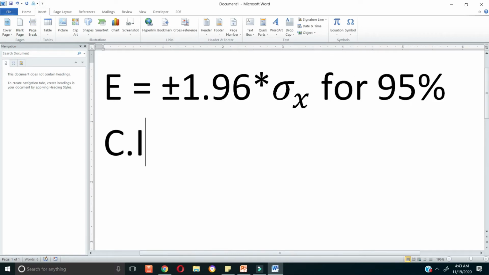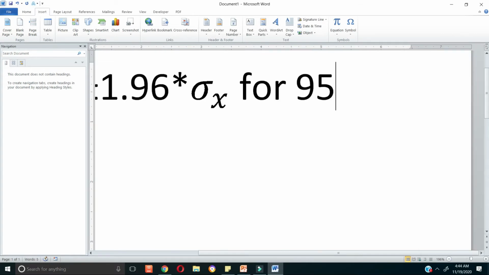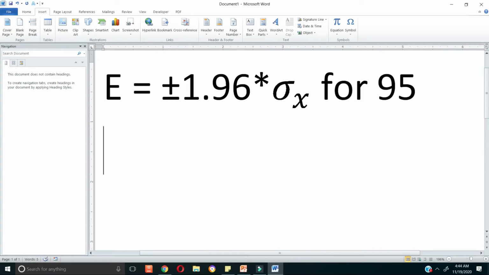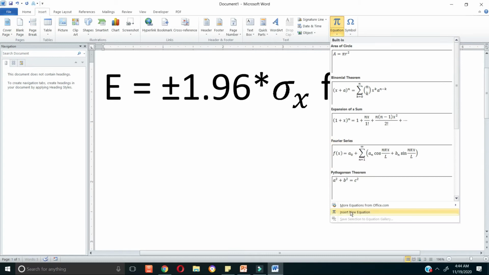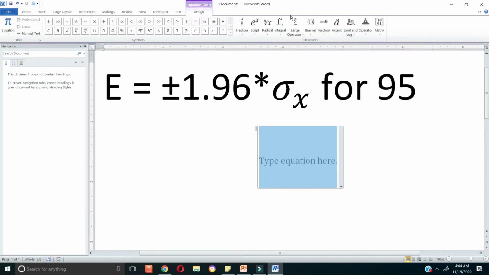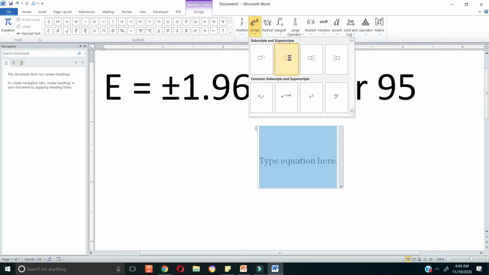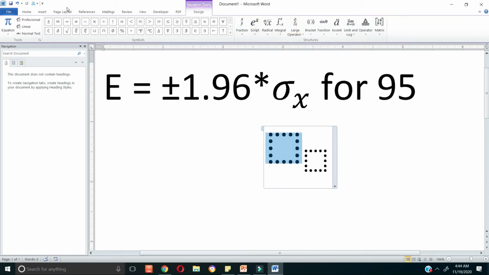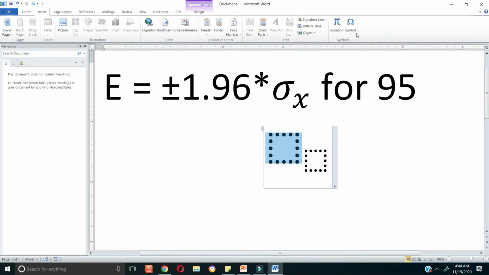For 95% confidence interval, this is basically the error. So anyway, what does this really mean? Remember the equation for the sampling standard deviation. I'm going to need to insert a sigma.